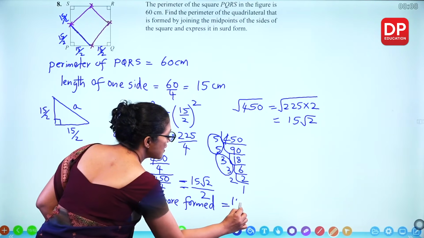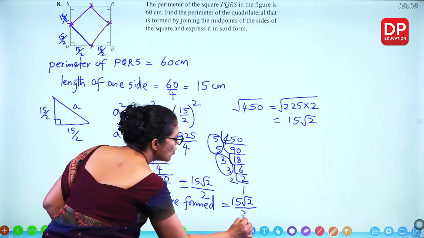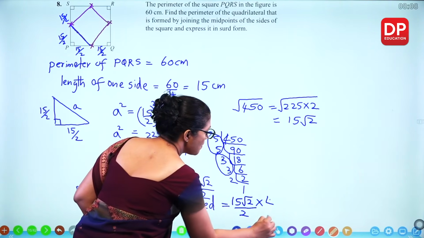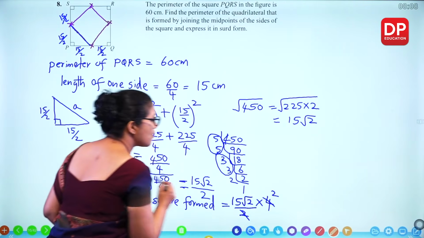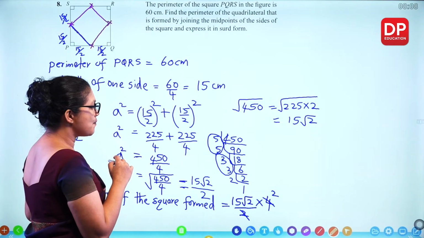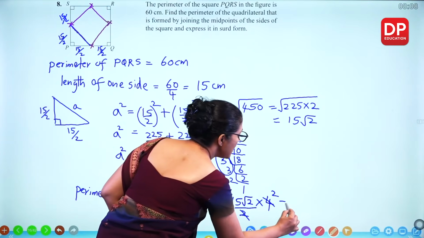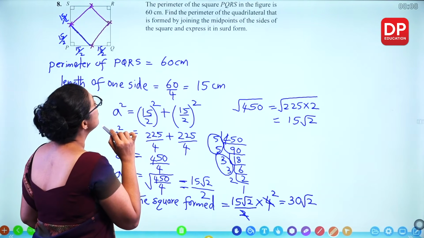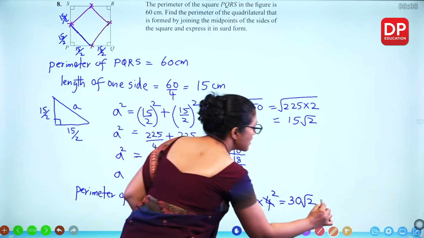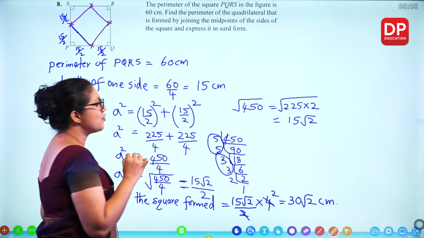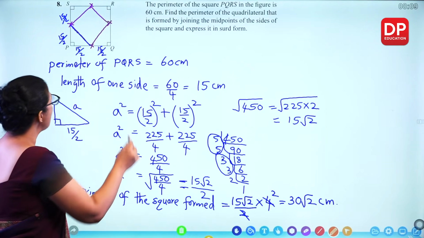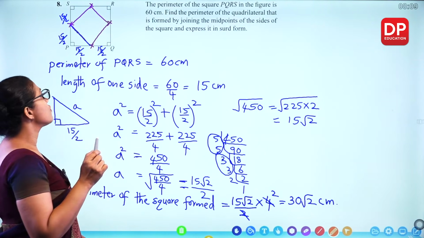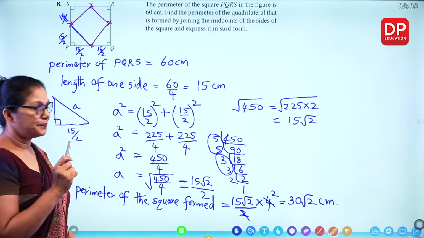So we can write one side is 15 root 2 over 2 multiplied by 4. When you multiply by 4, 2 and 2 get cancelled out and you get 2 here. 15 times 2, 30. 30 root 2. So what's the unit? This is perimeter, so that's centimeters. So 30 root 2 centimeters is the perimeter of the square formed by connecting the midpoints of the other square.